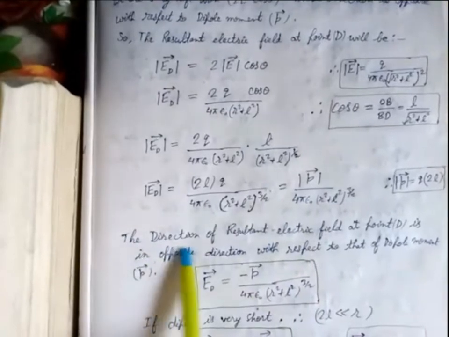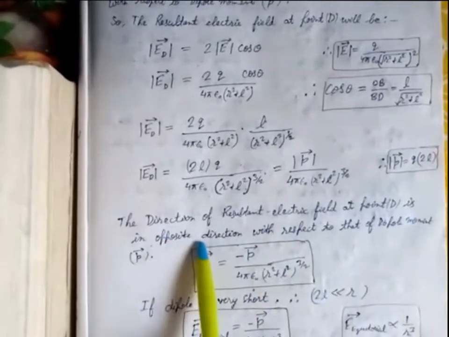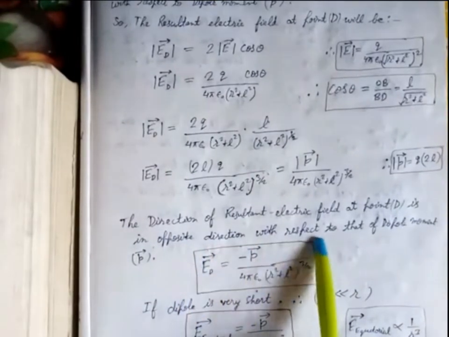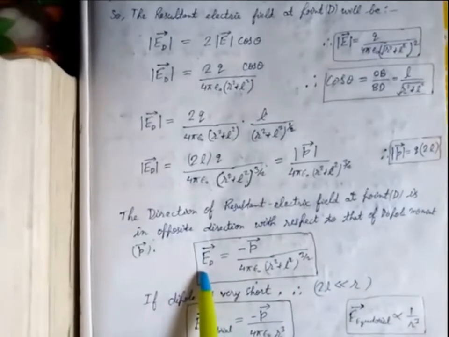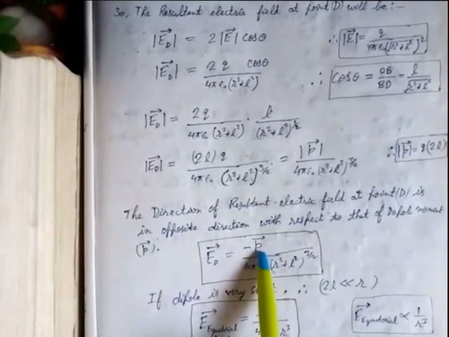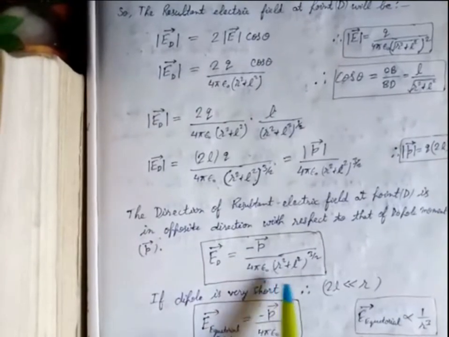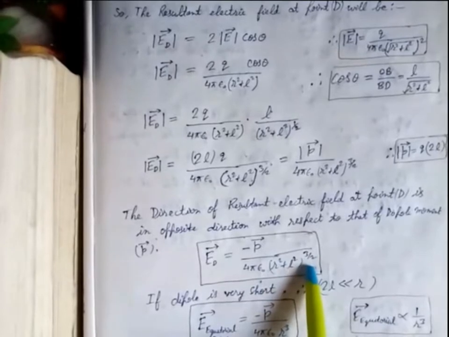So we know that the direction of the resultant electric field at point D is opposite with respect to the dipole moment vector. So E_D, that is the electric field at point D, is minus P vector by 4 pi epsilon naught (R square plus L square) the whole power 3 by 2.